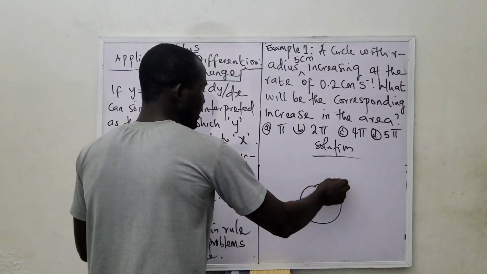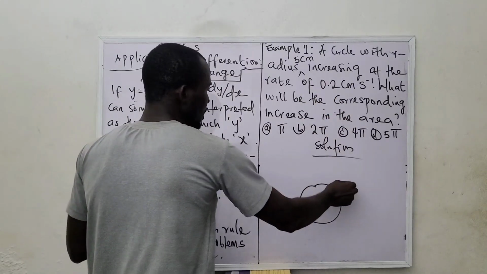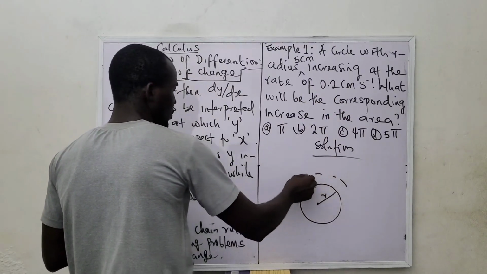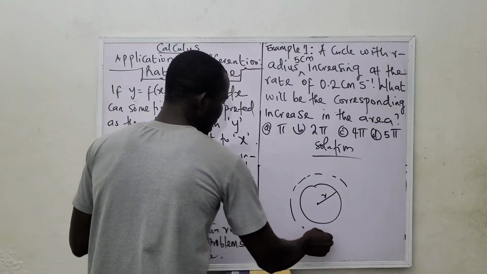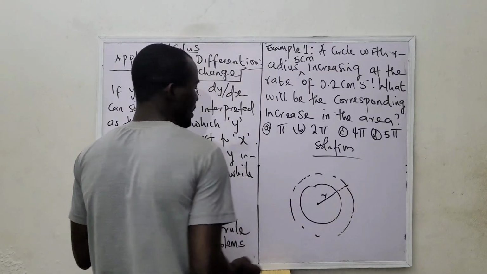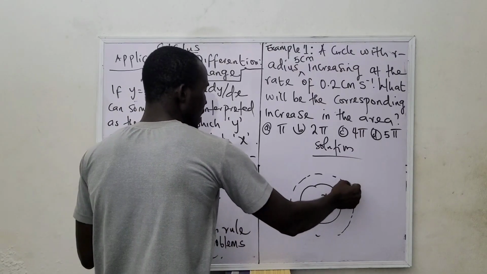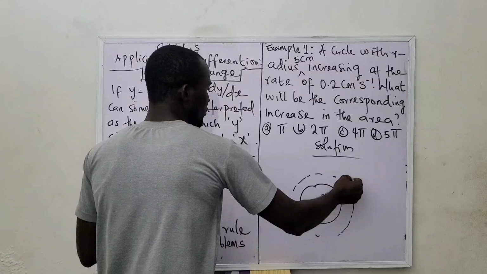Since it's increasing 0.2 centimeter per second, after 1 second we will have something of this nature, such that this extends to this place, and we can call this our r prime.